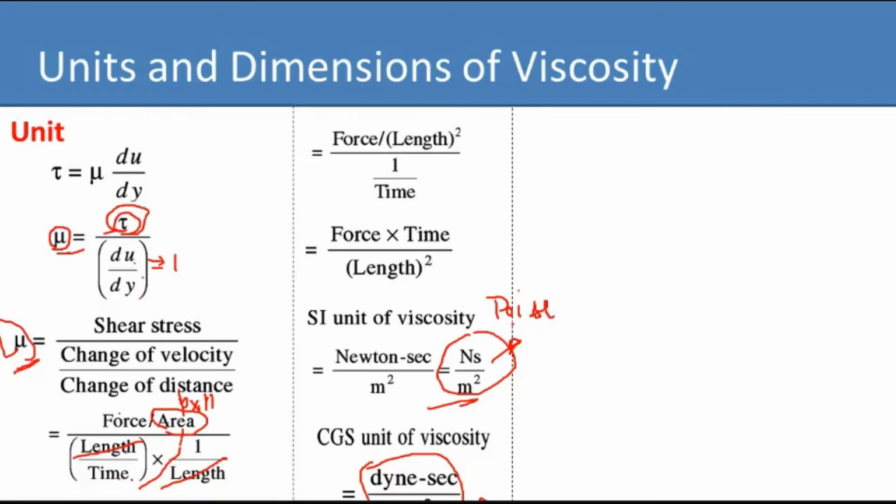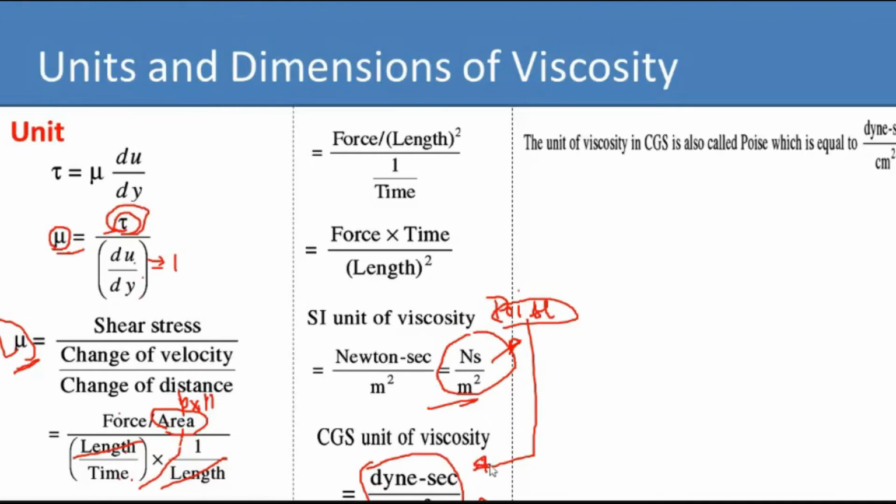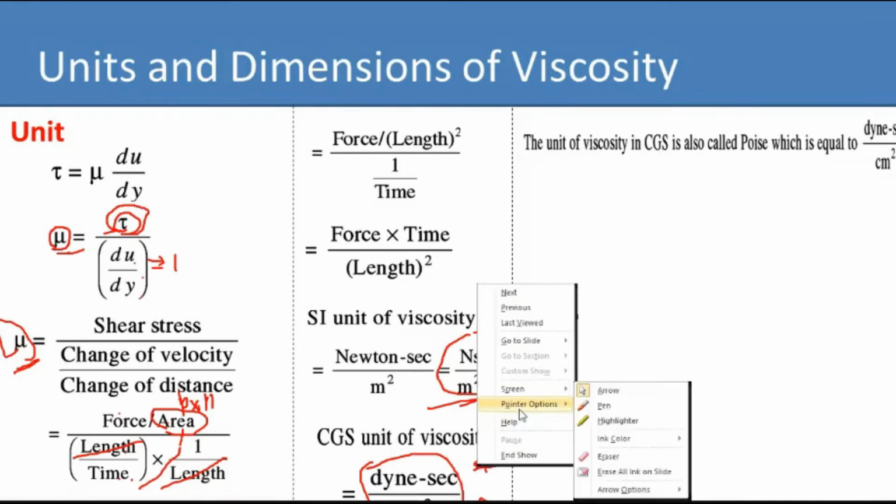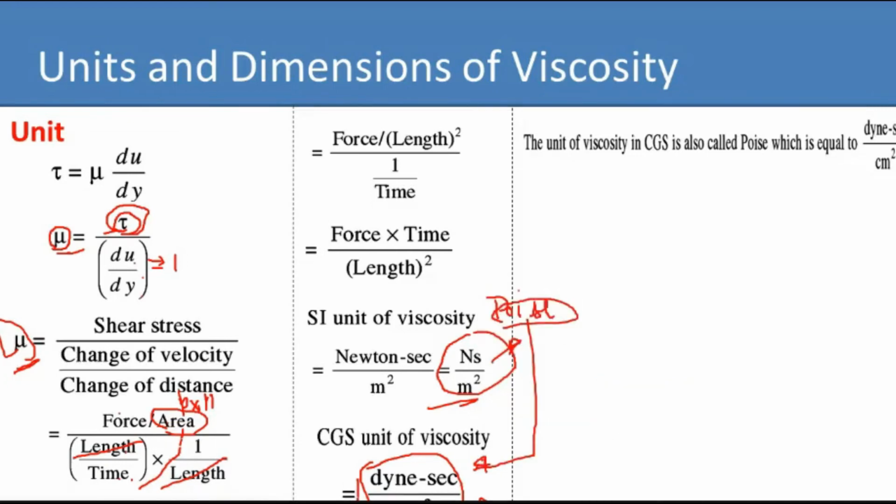It is 100 poise, 200 poise. So remember the relationship between poise and the CGS unit. One poise is equal to 1 dyne second per centimeter square.